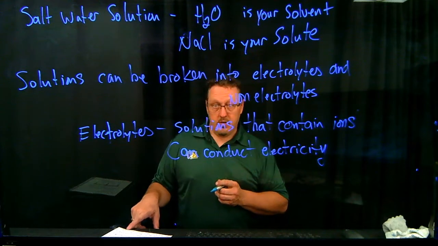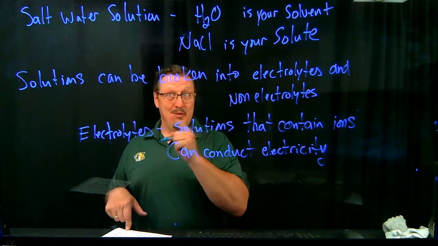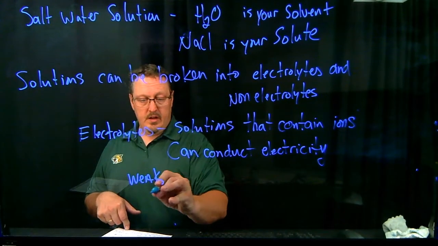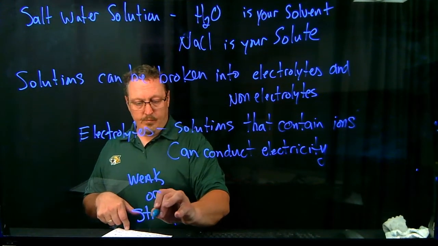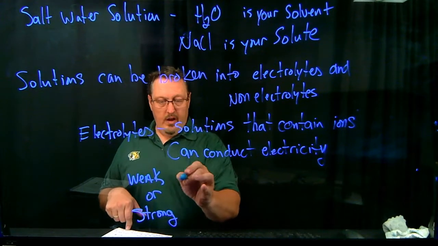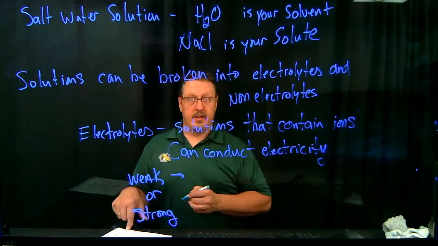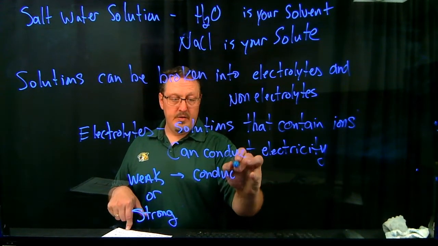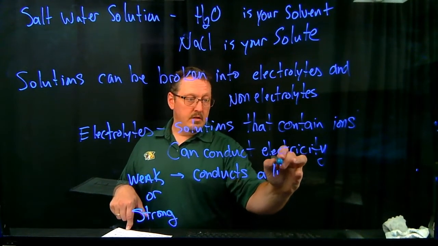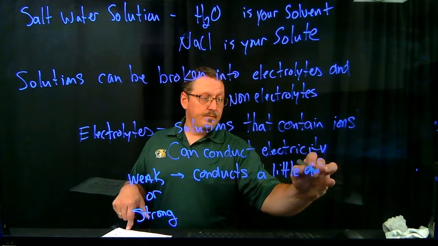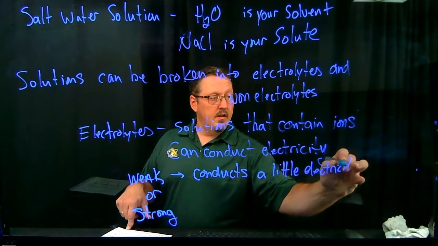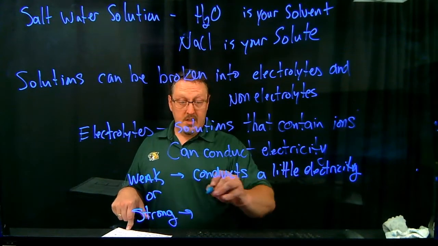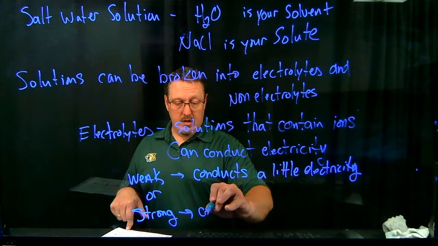And so electrolytic solutions are broken up into weak and strong electrolytes. So weak or strong. Okay, and so a weak electrolytic solution is a solution that conducts a little bit of electricity and a strong electrolytic solution conducts electricity very well.